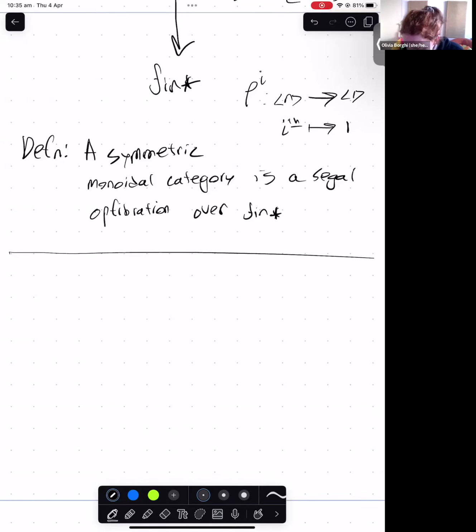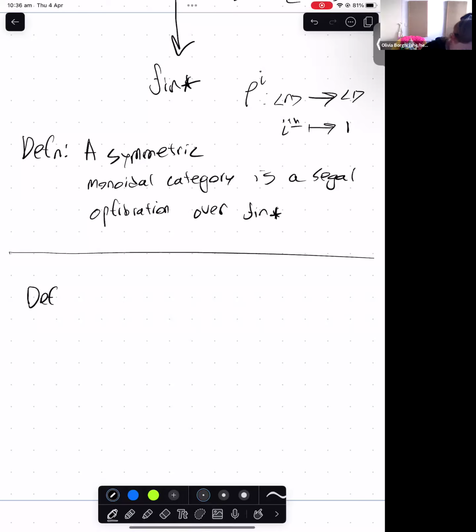We want to eventually understand what a G-monoidal infinity category is. Before I came up with that definition, in the literature there was a separate definition for a symmetric monoidal infinity category, and it is basically just the infinification of the definition I've written down just now.